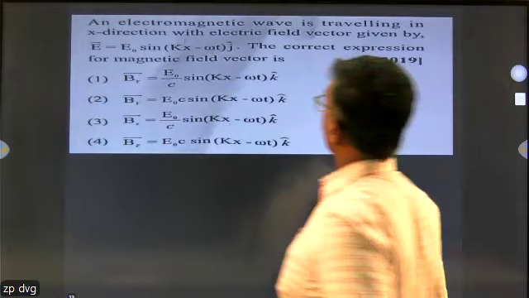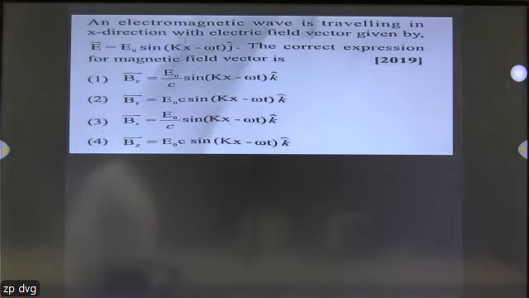An electromagnetic wave is traveling in the x direction with electric field vector given by E is equal to E naught sin kx minus omega t. The correct expression for magnetic field vector is, what is the correct expression for magnetic field vector?